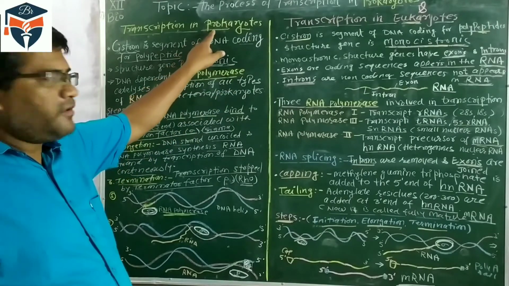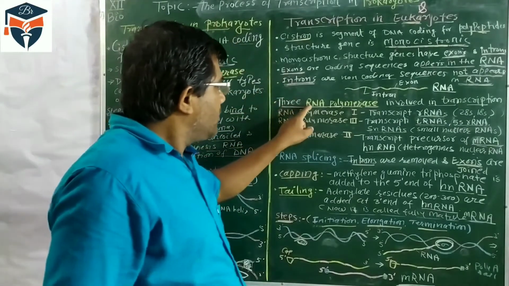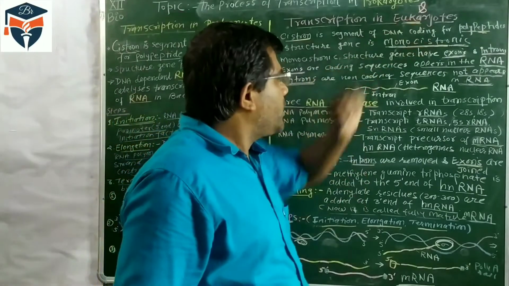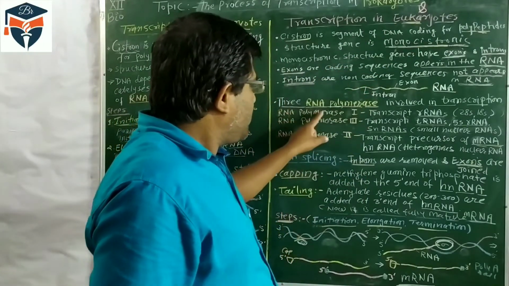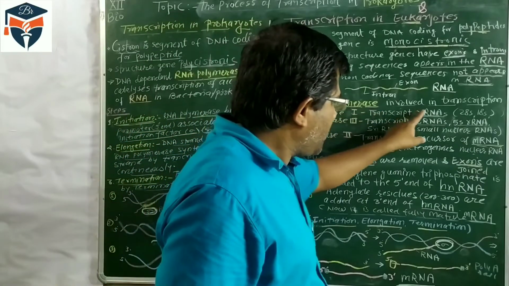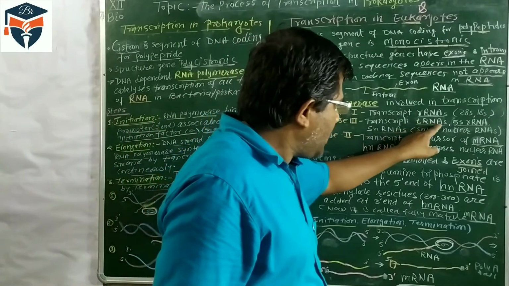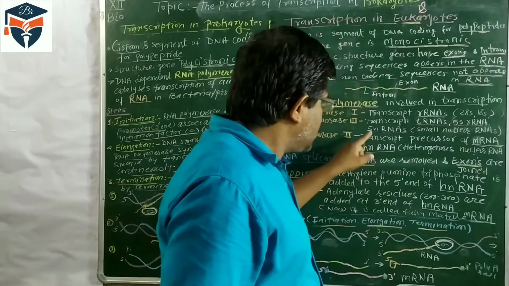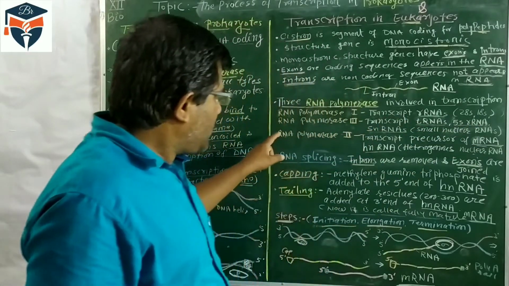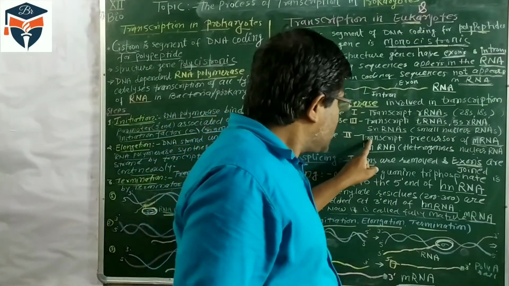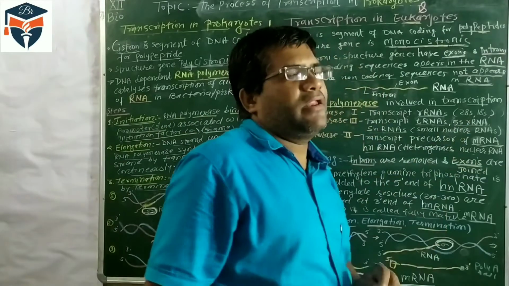But in eukaryotes there are three types of RNA polymerase. RNA polymerase 1 forms the rRNA. RNA polymerase 3 forms the tRNAs, 5S rRNA, snRNAs. And RNA polymerase 2 forms the transcript precursor of mRNA.